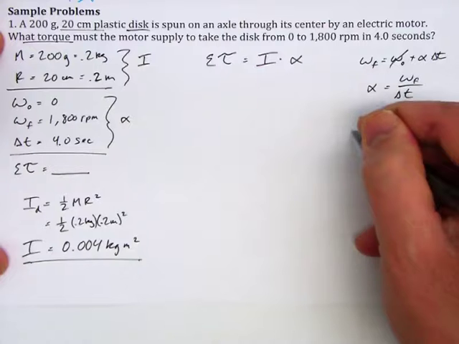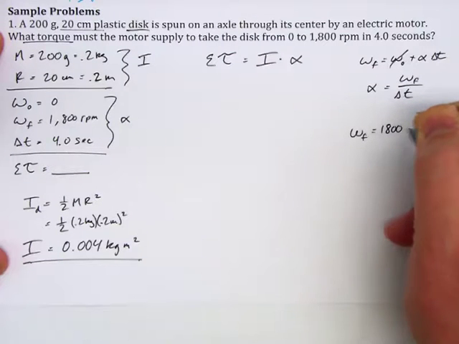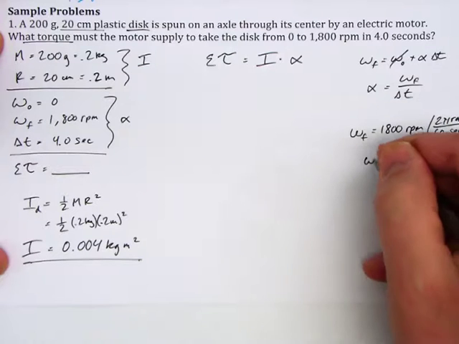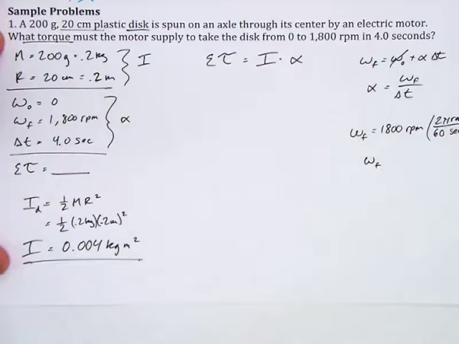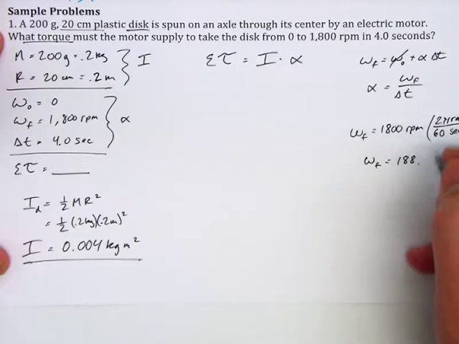So my omega final, which is 1800 RPM, now if I want to go from revolutions to radians, I multiply by 2 pi. And I want to convert minutes to seconds, so divided by 60 seconds. So my omega final will be 188.5 radians per second.